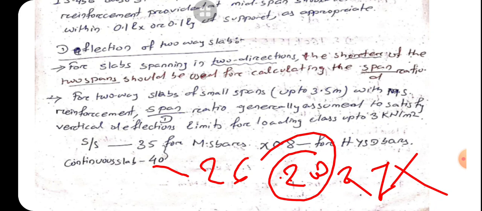In two-way slab the deflection is critical in both lx and ly direction, but we will take the shorter span for deflection criteria, and from that we will calculate the effective depth from service stress and span by d ratio. Okay, let us start with a problem.